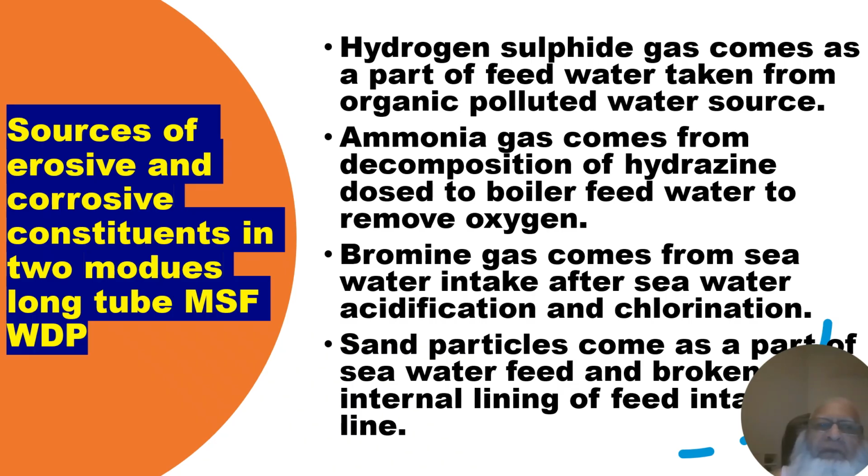Ammonia gas comes from decomposition of hydrazine dosed to boiler feedwater to remove oxygen. Bromine gas comes from seawater intake after seawater acidification and chlorination. Sand particles come as a part of seawater feed and broken internal lining of the feed intake line.